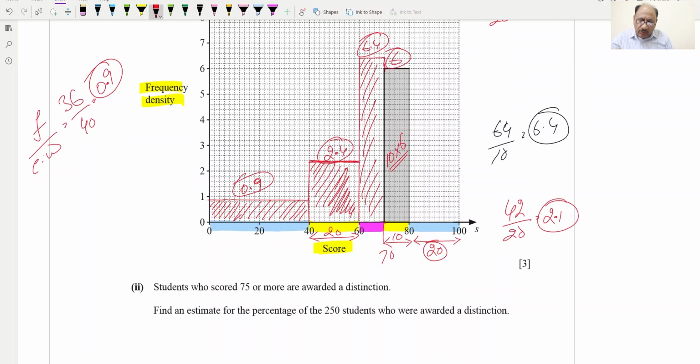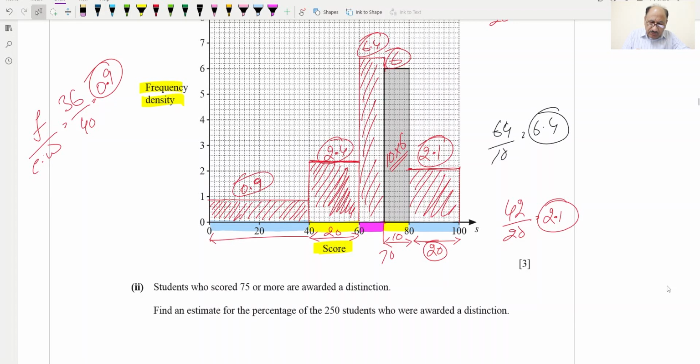We take 2.1 up to the middle point and draw the bar roughly up to the middle. So we write here 2.1 as the height. Hopefully you understood this.